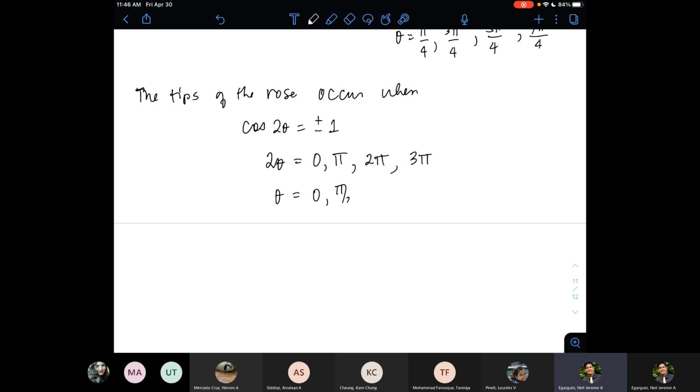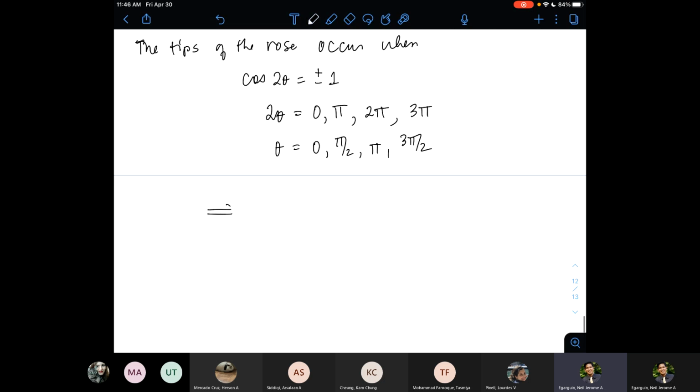So 0, pi over 2, pi, and 3 pi over 2. So for these values of theta, let's make a table of values here. Okay, so these are our theta values: 0, pi over 2, pi, 3 pi over 2.